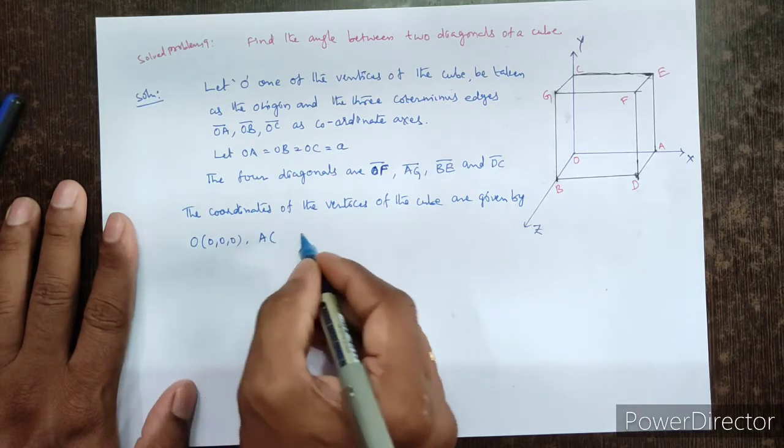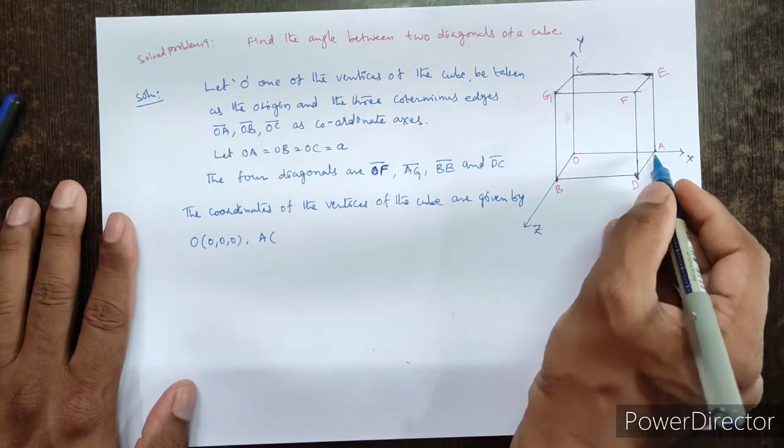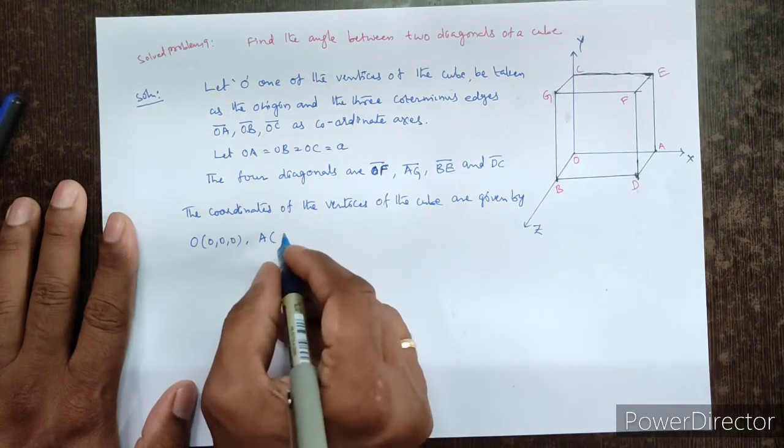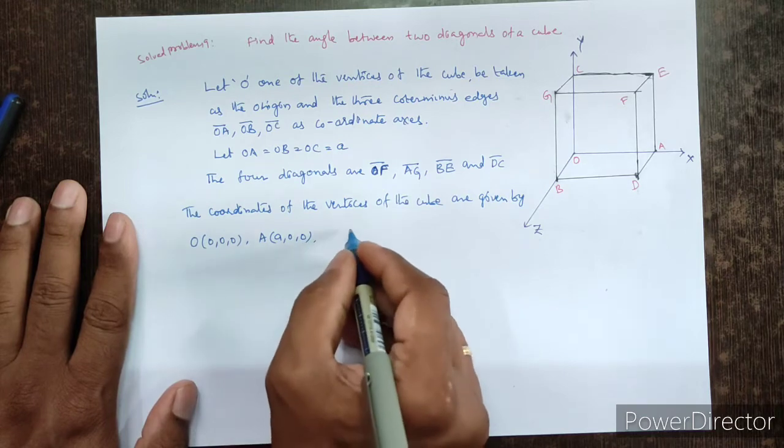A is the vertex of the cube on the x-axis, therefore y and z coordinates are 0, so A is (a, 0, 0).